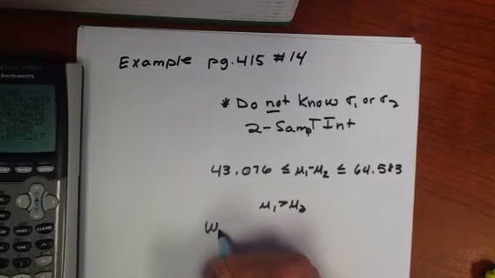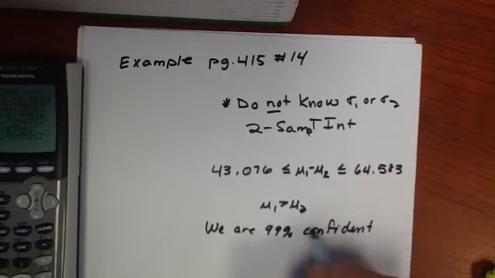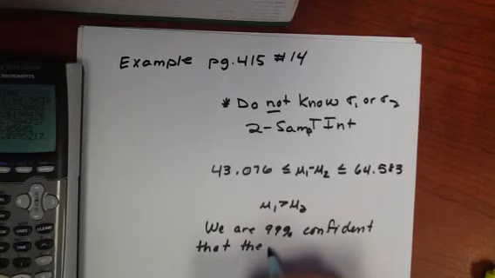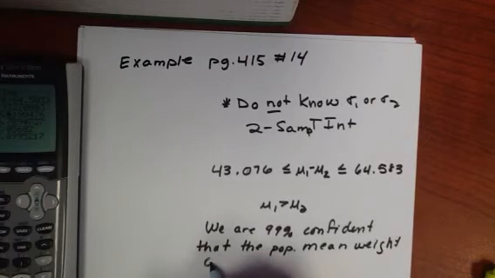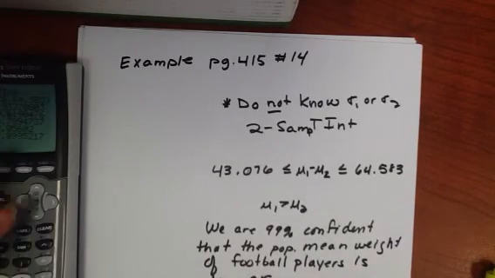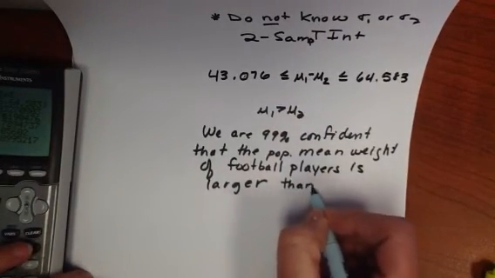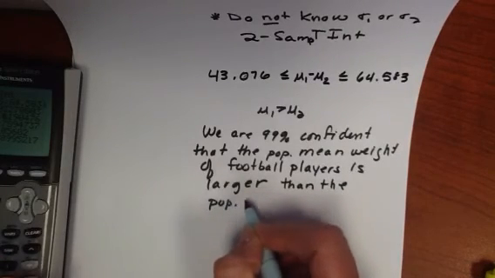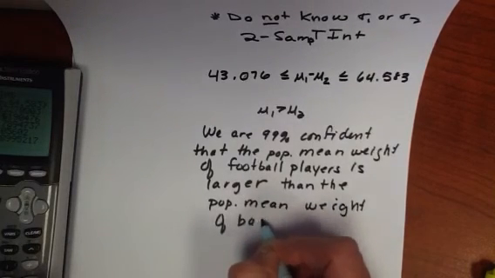So in this problem, we are 99% confident that the population mean weight of football players, because that was our first sample, is larger than the population mean weight of basketball players.